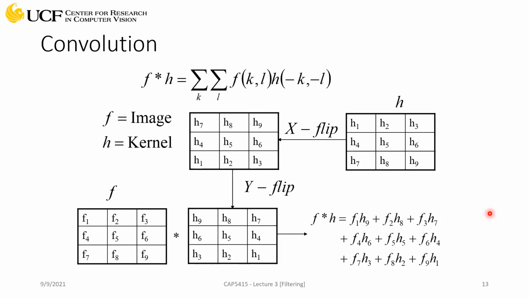All right, so any other question before we end? Okay, a question from Rajat. For a K cross K filter, we are going to have K square additions and K square multiplications.